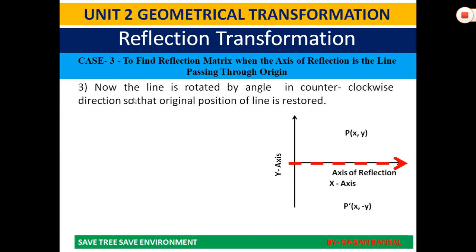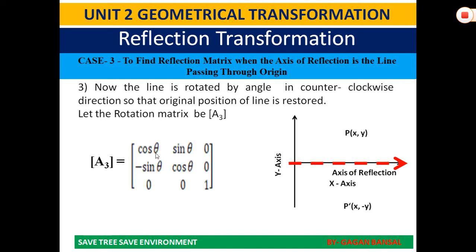Then third, the line is now rotated by an angle in counterclockwise direction, so that the original position of the line is restored. In the third step, we take the rotation matrix as A3, which will align it with the original line, its original axis of reflection, after performing the reflection.